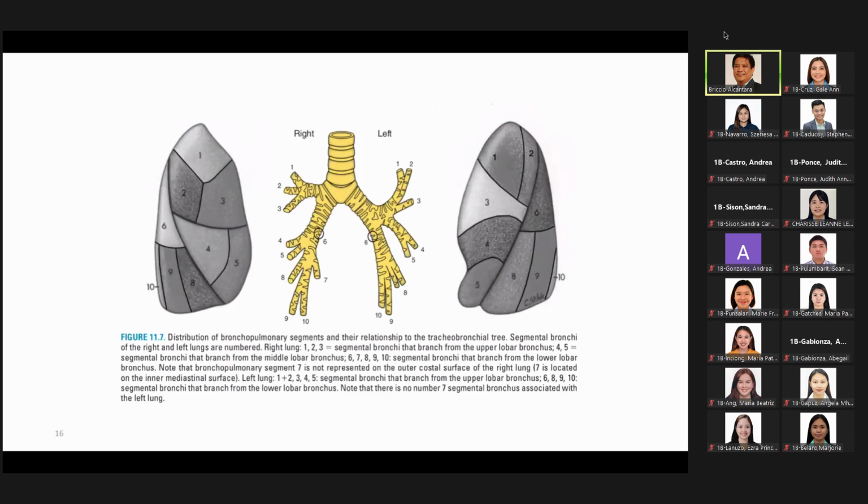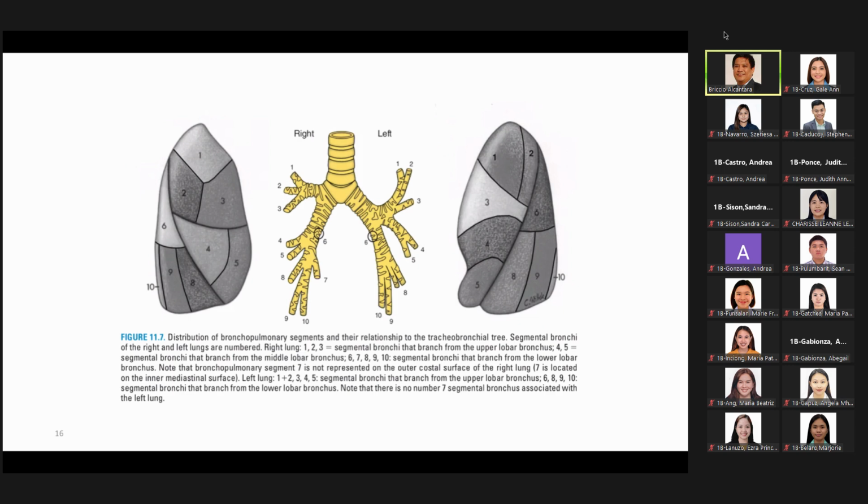Now the lobar bronchi further divides here, there, into segmental or your tertiary bronchi, which will be 10 on the right side and 9 on the left side. Further subdivided into subsegmental bronchi. The segmental bronchi are the primordial of your bronchopulmonary segments, which are morphologically and functionally separate respiratory units of the lung.